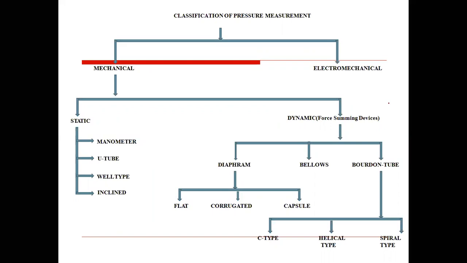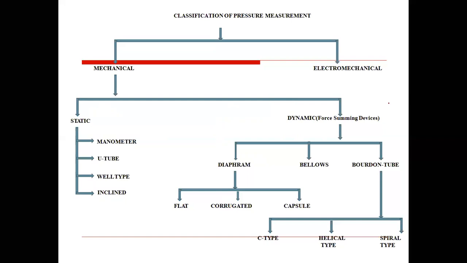Functionally, it has been classified into two parts. One is mechanical type of pressure measurement, and another one is electromechanical type of pressure measurement. I have already told you in the discussion of the first slide that it is bifurcated into three different parts: high pressure measurement, low pressure measurement, and medium pressure measurement.